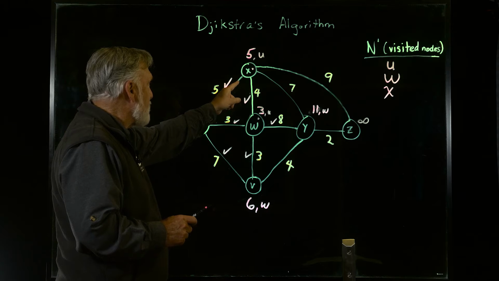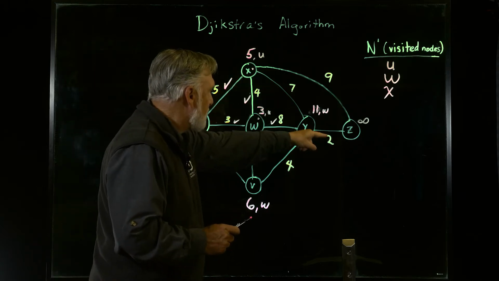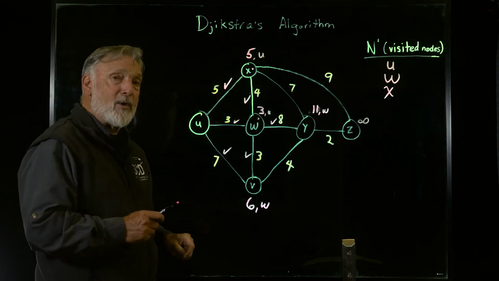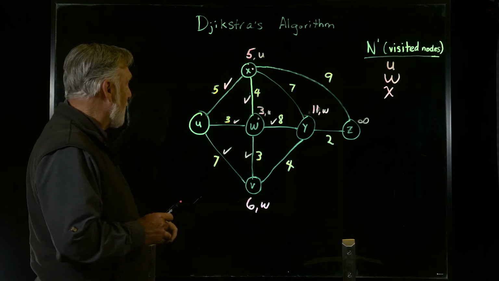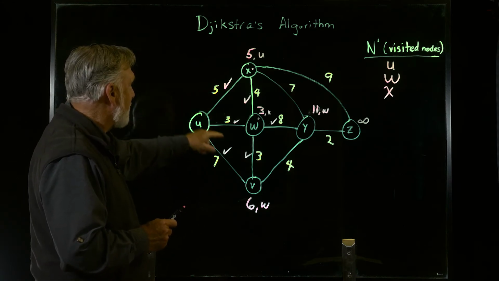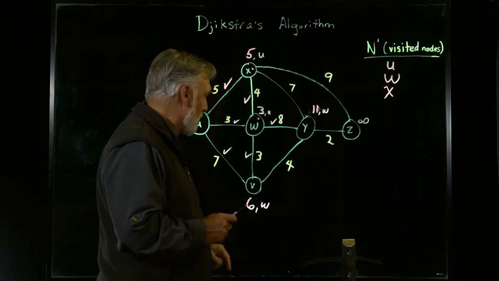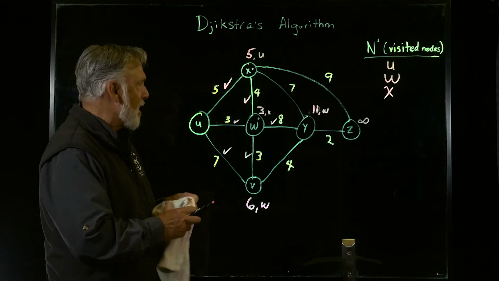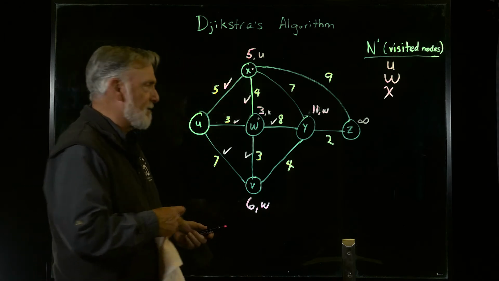Next, we're going to check out the distance to Z going through X. The cost is 5 plus 9, which is certainly less than our original statement of infinity.